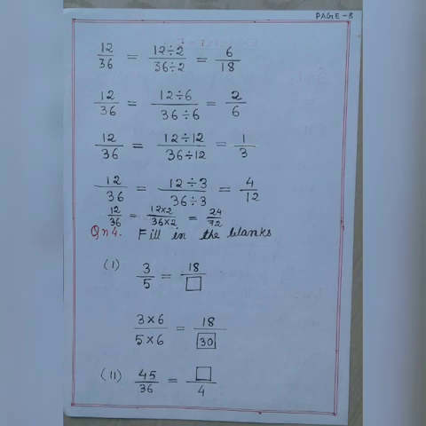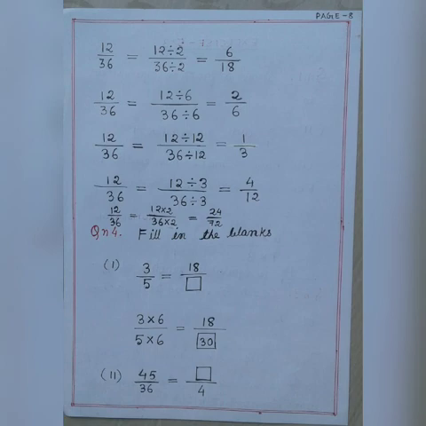Then I shall try to divide 12 by 36 by 6, both the numerator and denominator, I get 2 by 6. Then I divide 12 by 36 by 12, I get 1 by 3.